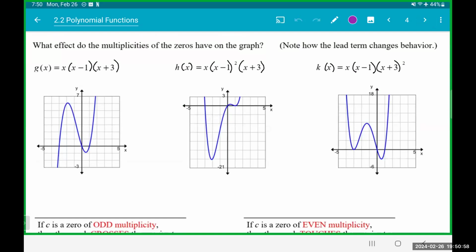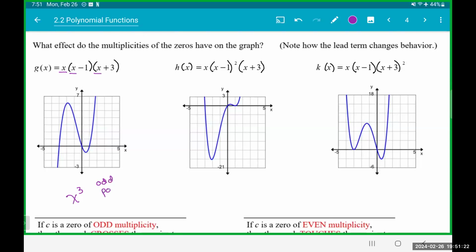In this case, we have x cubed, since eventually I get x cubed as my leading term, and the coefficients are all 1s. So this is odd and positive.